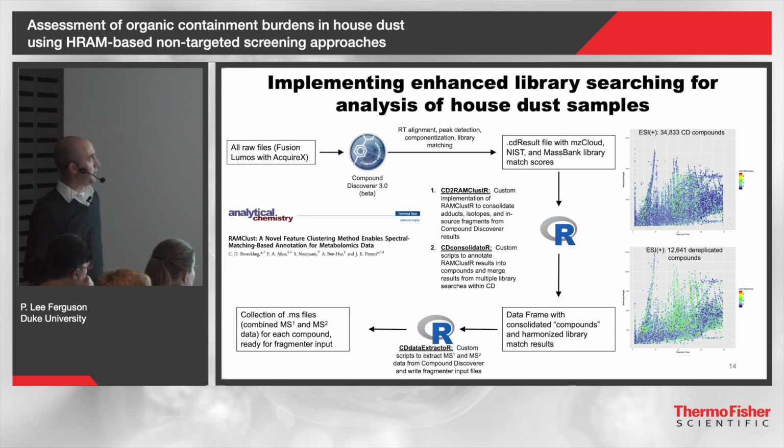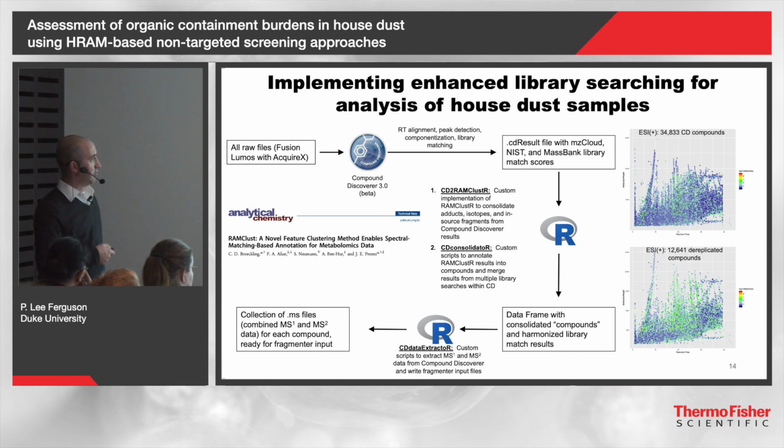The way that we've implemented this for our library searching, we take our raw files from our Lumos and process them through Compound Discoverer 3.0. This does all the retention time alignment, peak detection, componentization, etc. This allows us to get our mzCloud and NIST and MassBank library match scores all together. Then we've written a few other scripts. First of all, we use RAMClust.